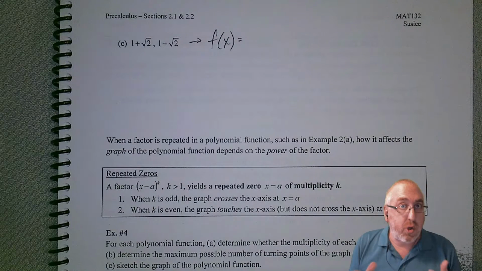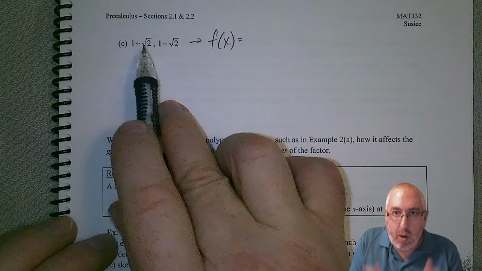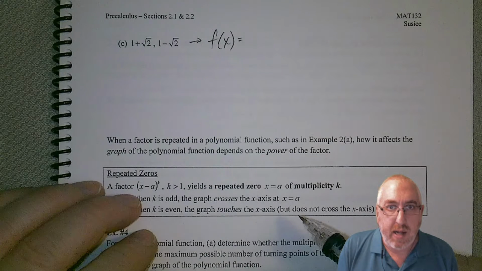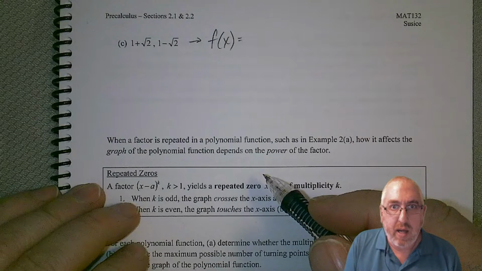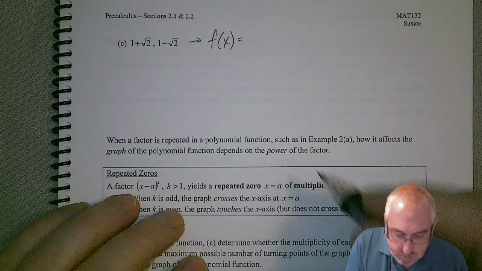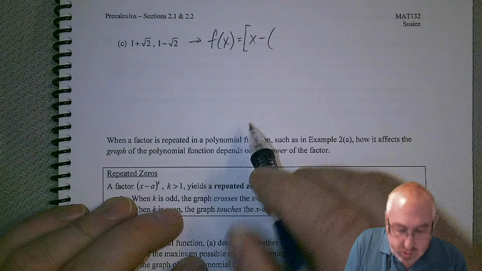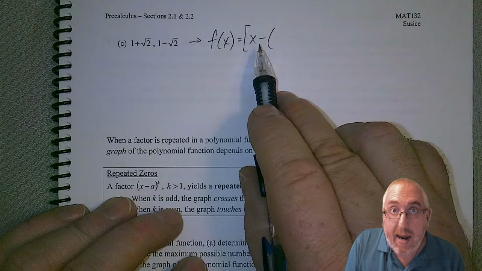Now I'm going to use square brackets. Because this is a more complicated zero, I'm going to put those in parentheses. And so if we put those in parentheses, I'm going to need square brackets to really define the factors. So you'll see what I mean. So remember, we're always subtracting the zero, whatever it is.